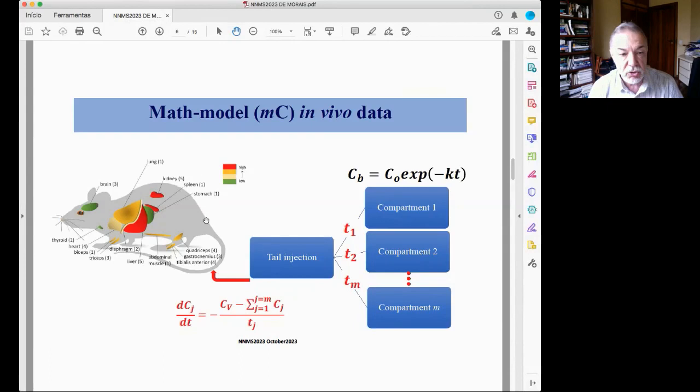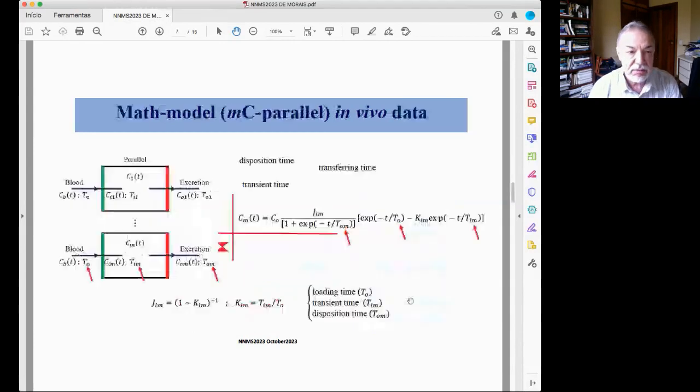At the end, you can model this problem using one differential equation for each compartment. In this scenario, we have two different but complementary mathematical models. One is the model we call parallel.